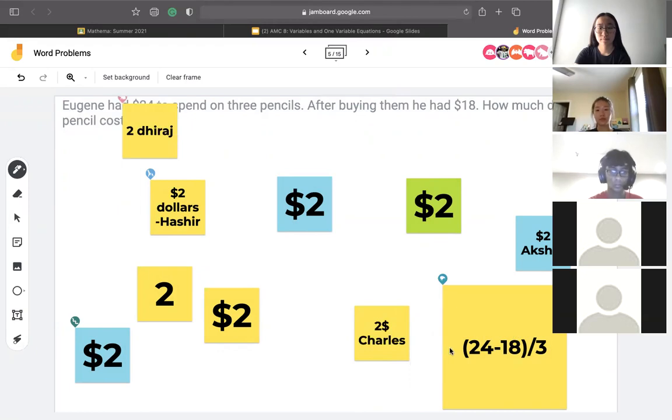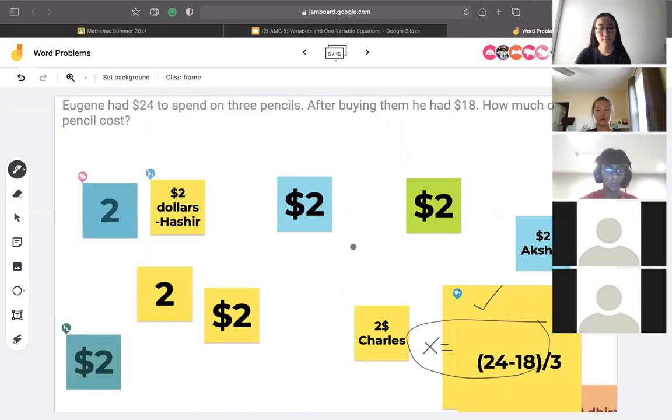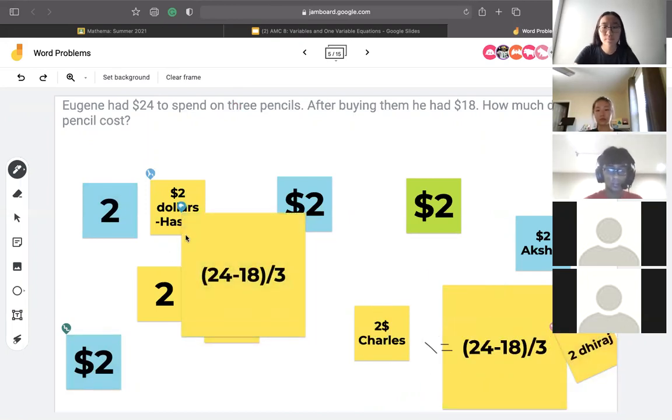So it would be 24 minus 18 divided by 3, right? That's what you're going to get when you're solving for x. But we want the original, the first equation that you would get before simplifying and solving for x.